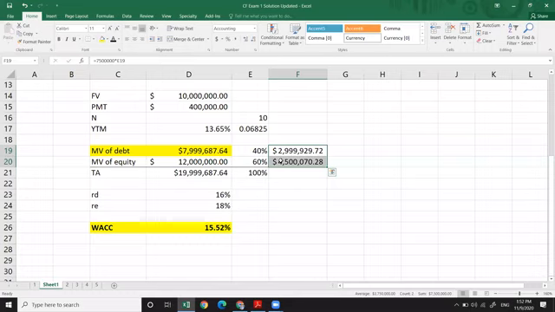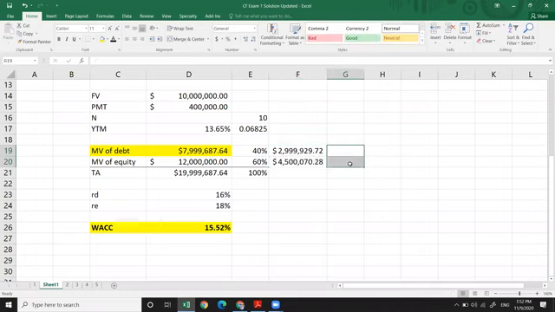I just showed you that at the end, we will need to get 7.5 million. You will get it through the issuance of debt, through the issuance of bonds, and through the issuance of equity, which is 4.5 million.